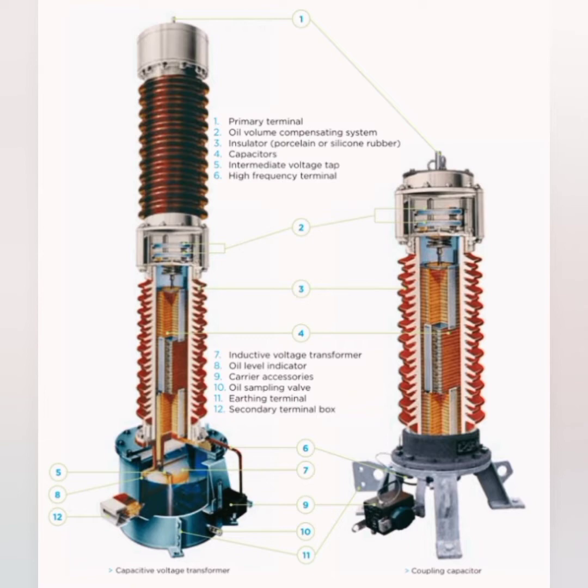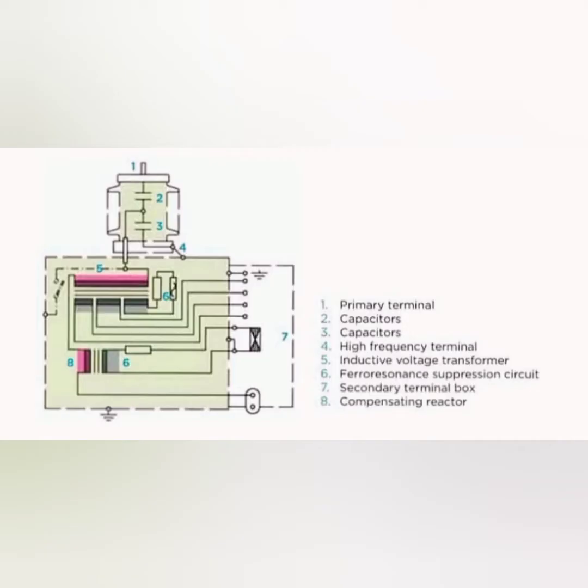So next, coming to the constructional diagrams. The primary terminal is at the top, and the C1 and C2 capacitors. The fourth one is your HF terminal, which is the high frequency terminal. The fifth one is your inductive voltage transformer.